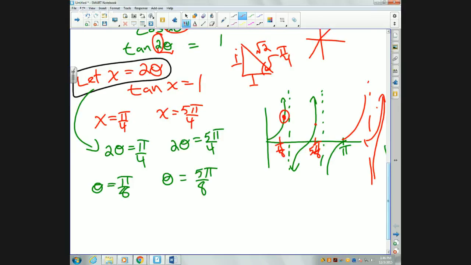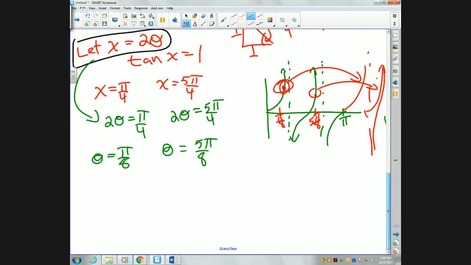But then we can add pi to here, add pi to here, or we can add 2 pi to each of these to get to the next answer. Or you just keep adding pi, right? Either one of those options. So our other answer will be theta equals this right here, 5 pi over 8.